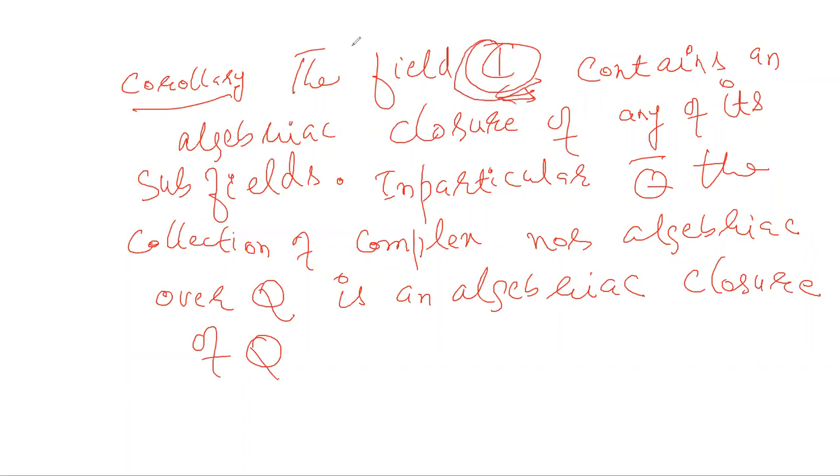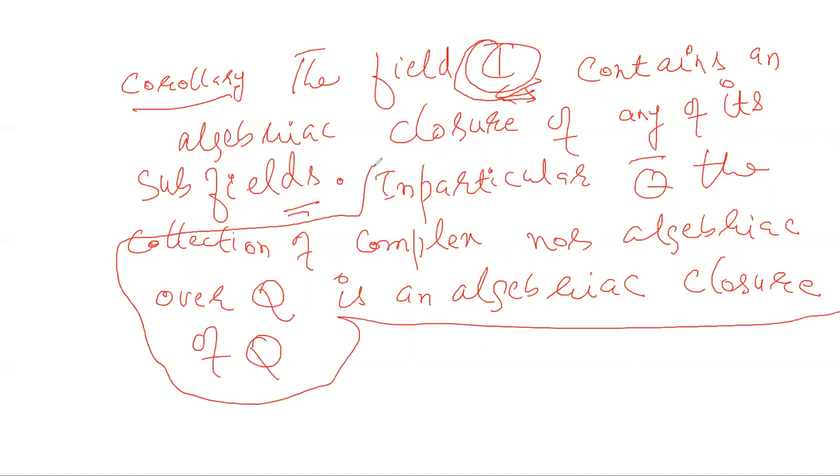So the above proposition can be applied to this field C. So it contains algebraic closure of any of its subfields, and in particular, if you want to know the algebraic closure of the field of rational numbers, it is nothing but the collection of complex numbers which are algebraic over Q.